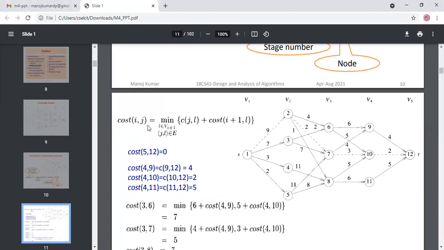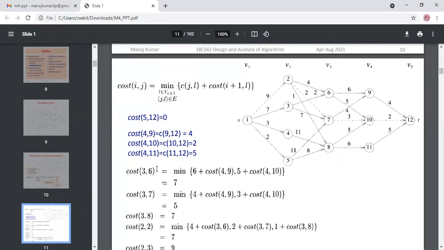Cost of 5 comma 12 is equal to min of cost of 5 plus 1 comma l. So i comma j we have given, and 5 comma 12 is given as 0. Then cost of 4 comma 9: 4 to 9 and 9 to 12.